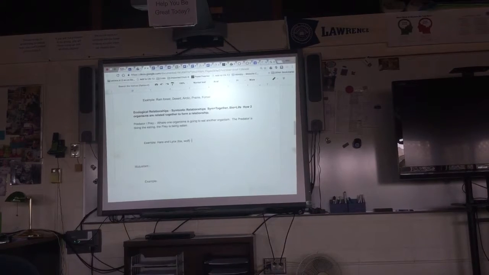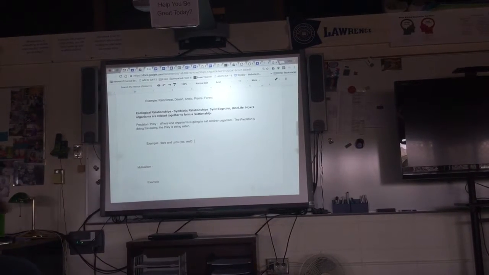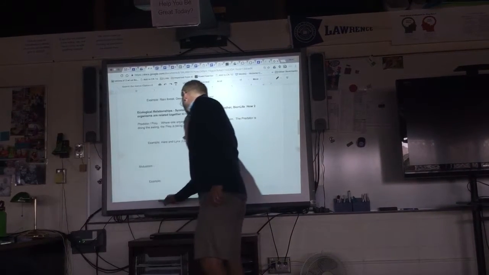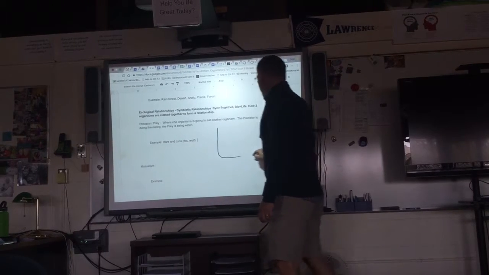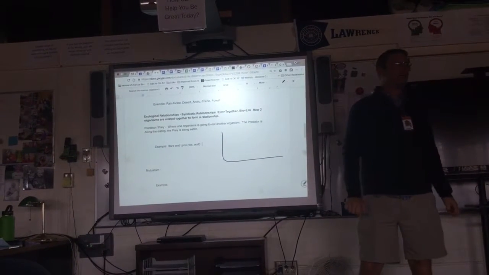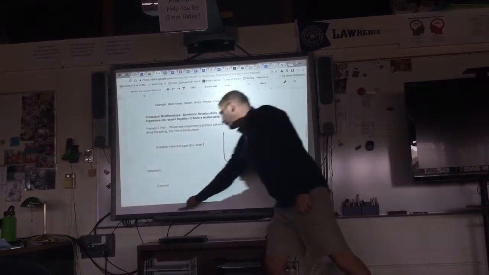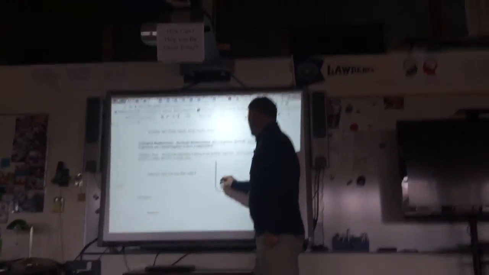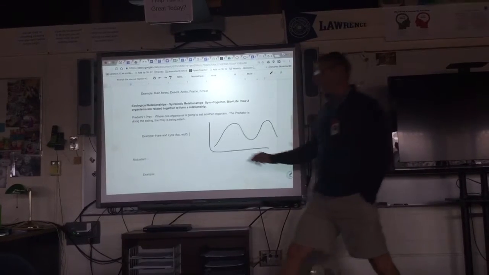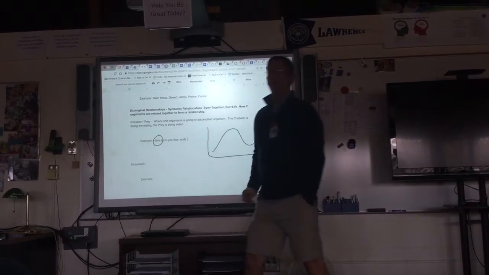Now, one of the things I'm going to add is that when we look at a population graph of a predator-prey relationship, we're going to find two different things. One, how the prey population fluctuates over time. That's going to be our hare.